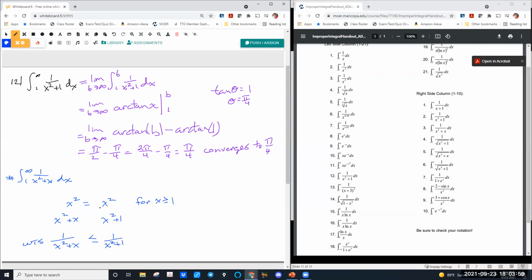Well, what about adding x versus adding 1? And again, this is for x greater than or equal to 1. Which side is greater here, the left hand or the right hand side? What do you guys think?